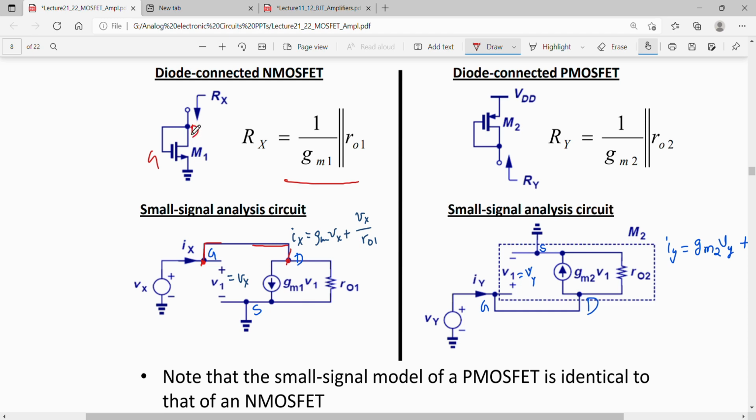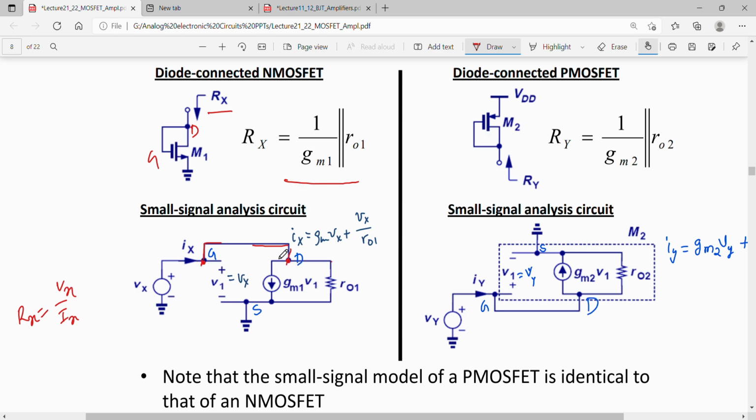This is equivalent to saying you have connected a Vx, and this Vx by Ix ratio will give me the impedance looking into the drain. So this Rx is the impedance looking into the drain, which will be given by the ratio of Vx and Ix.